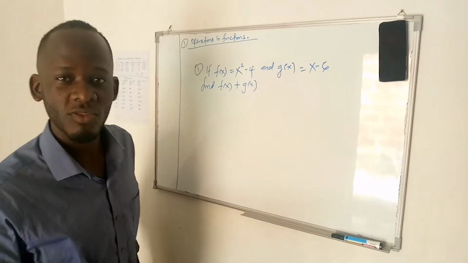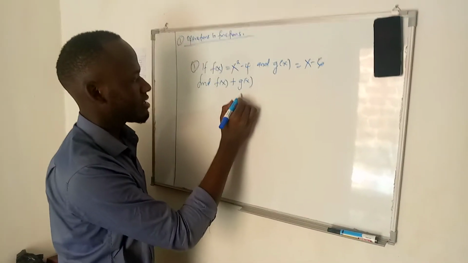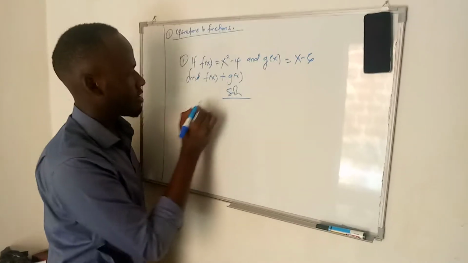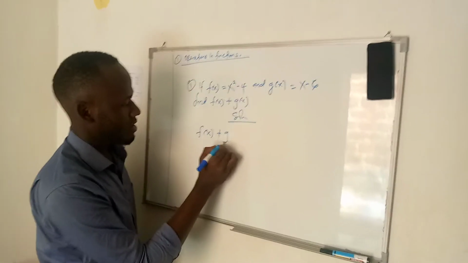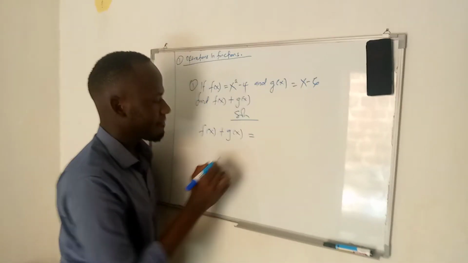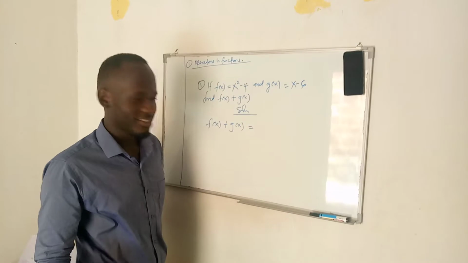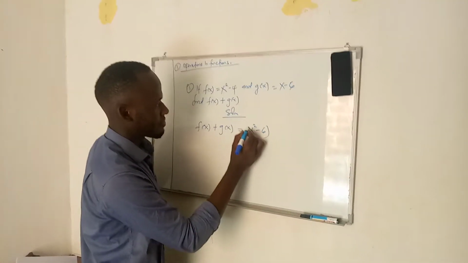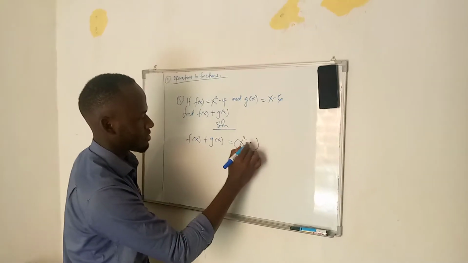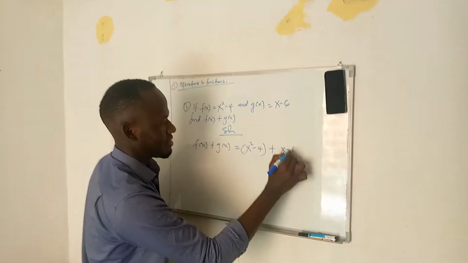So how do you attempt this problem? You shall say solution. The solution will be f of x plus g of x. When you reach here, it is just a matter of adding f of x plus g of x. So we shall have our x squared minus 4, then plus our g of x, which is x minus 6.